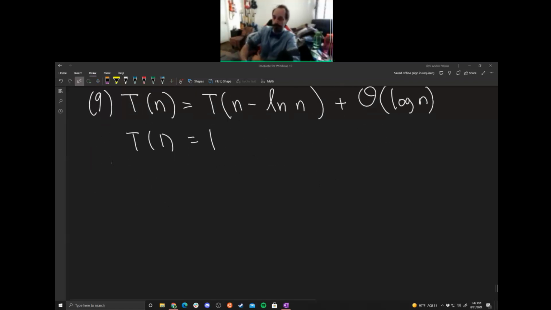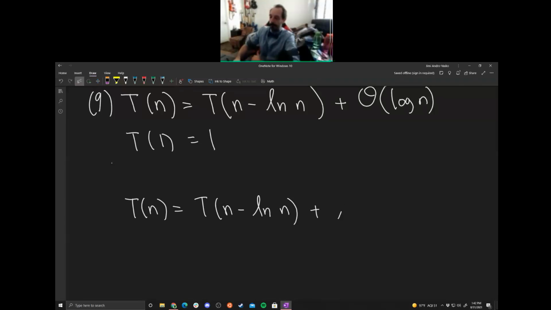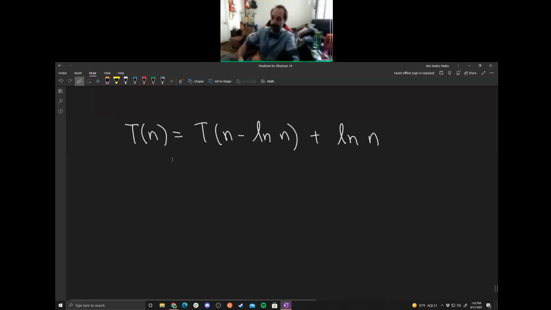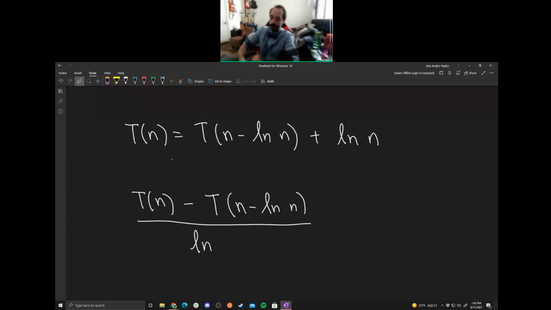So T(n) = T(n - ln n) + ln n, and I'll pick the natural log just because. Now we set this up into that derivative form: T(n) minus T(n - ln n), divided by ln n, because ln n will be our delta n, since the natural log is asymptotically much smaller than n.